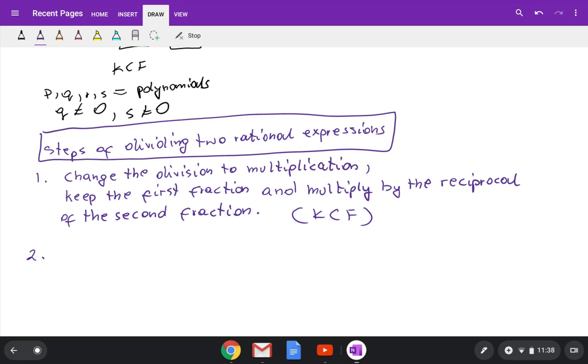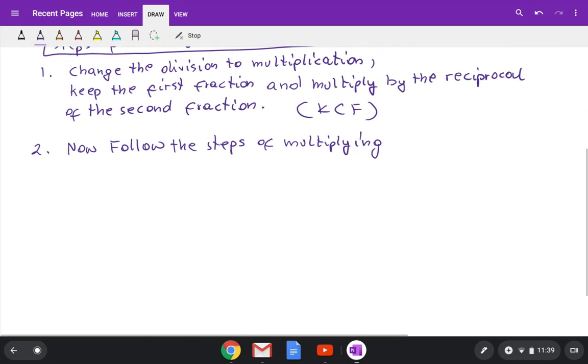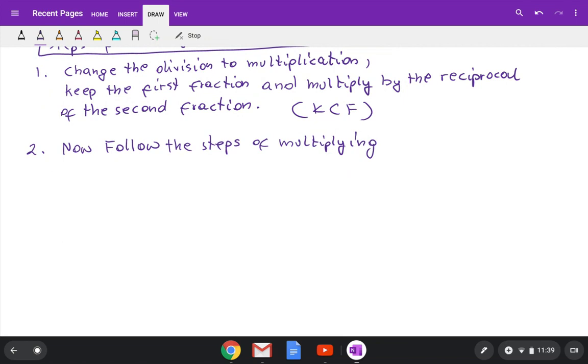Second will be follow the steps, because now we have multiplication, so follow the steps of multiplying rational expressions.